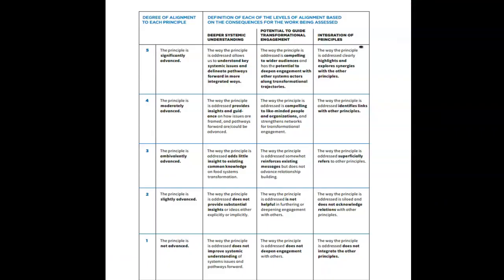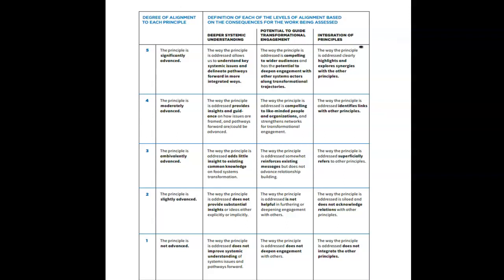The Global Alliance evaluation team uses a rubric to assess the degree of alignment of each principle with whatever the work is that's going on. Across the top, you see a definition of the levels of alignment based on the consequences of the work being assessed: a deeper systemic understanding, potential to guide transformational engagement, integration of principles.